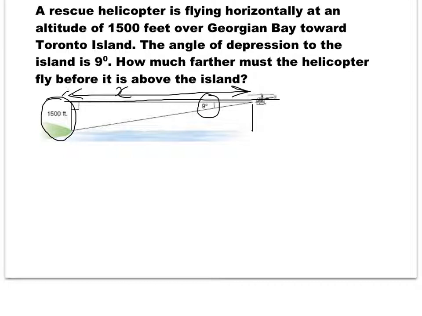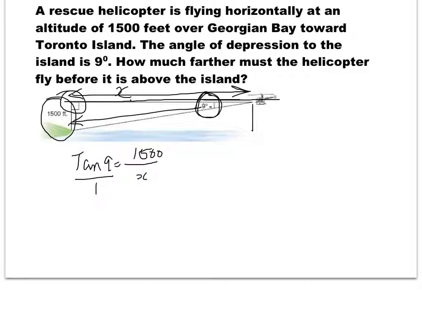Now this angle is shown with the square, so it means it's 90, so I can use trig ratios. Which trig ratio to use? Again, we have the angle here, we have the opposite, and we are looking for adjacent. So angle, opposite, adjacent is tan. I'm going to write tan 9 is 1500 over x, opposite over adjacent.